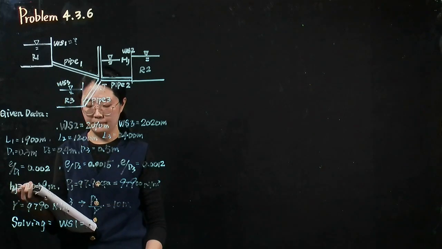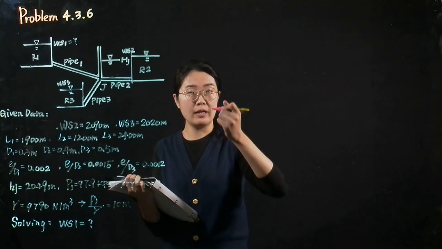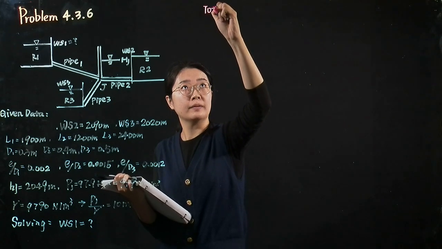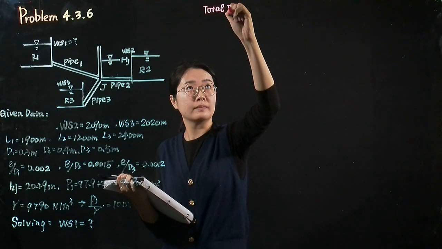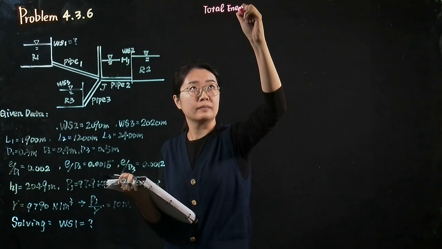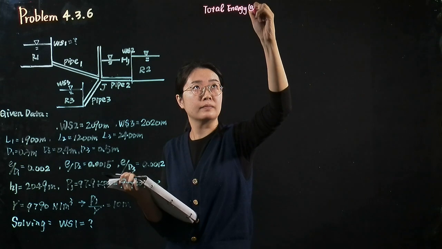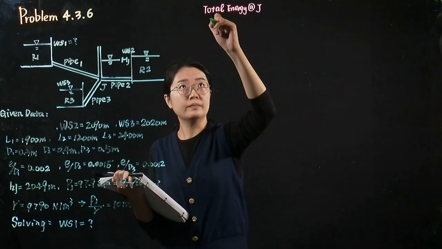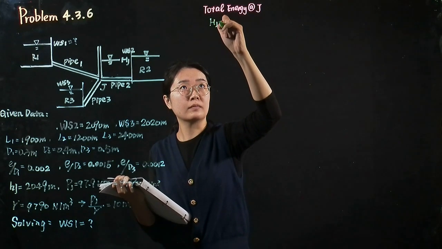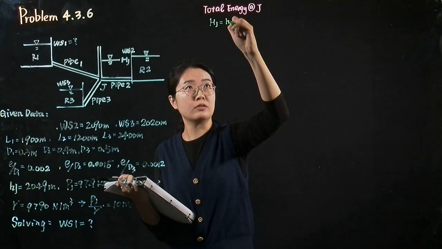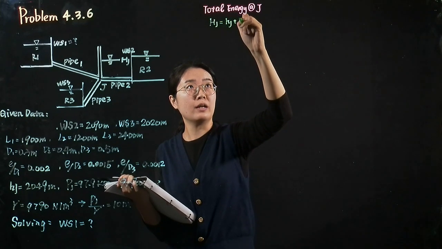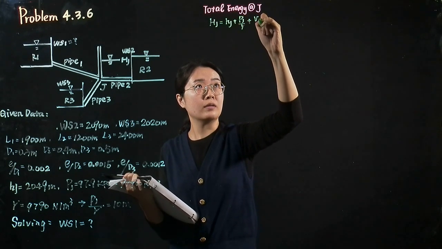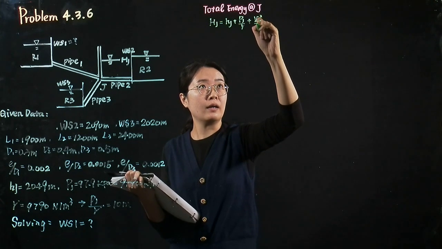To solve this problem, first, let's write down the total energy equation at the point J. Hj equals elevation plus the pressure head plus the velocity head.